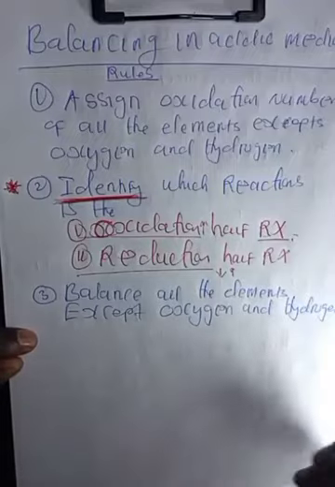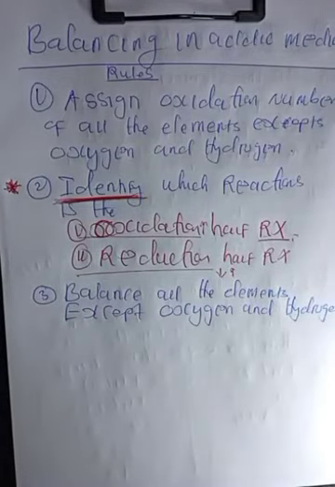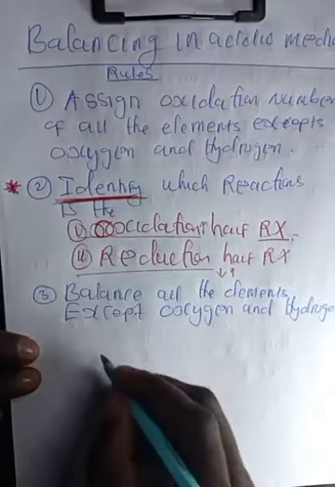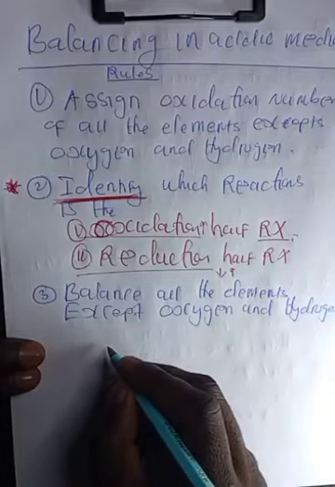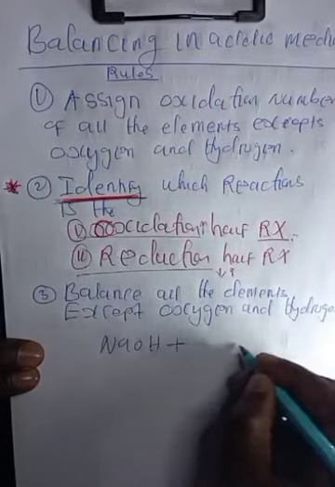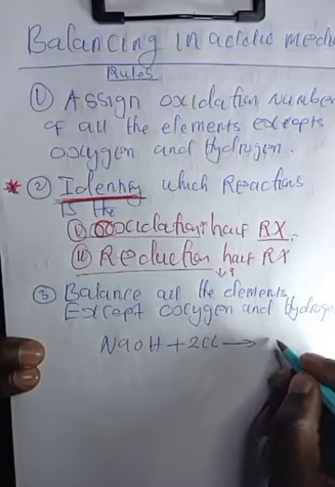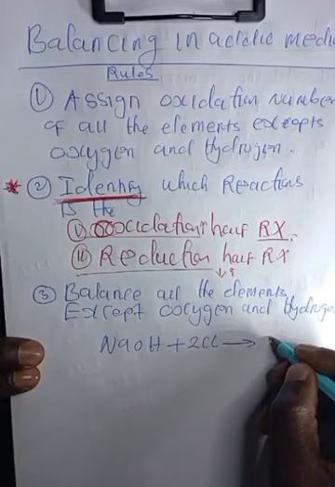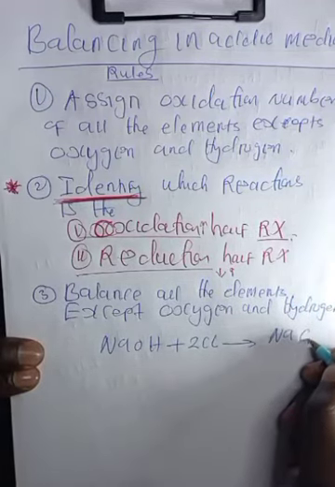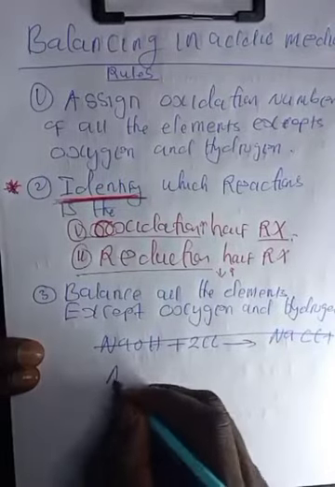For example, let me just give an example that can make you understand what we are talking about. Assume we have, anything we can have, let's say sodium hydroxide plus maybe, anything, then we are getting, maybe, sodium chloride plus, this is very complicated. Let's just say we have A plus B.